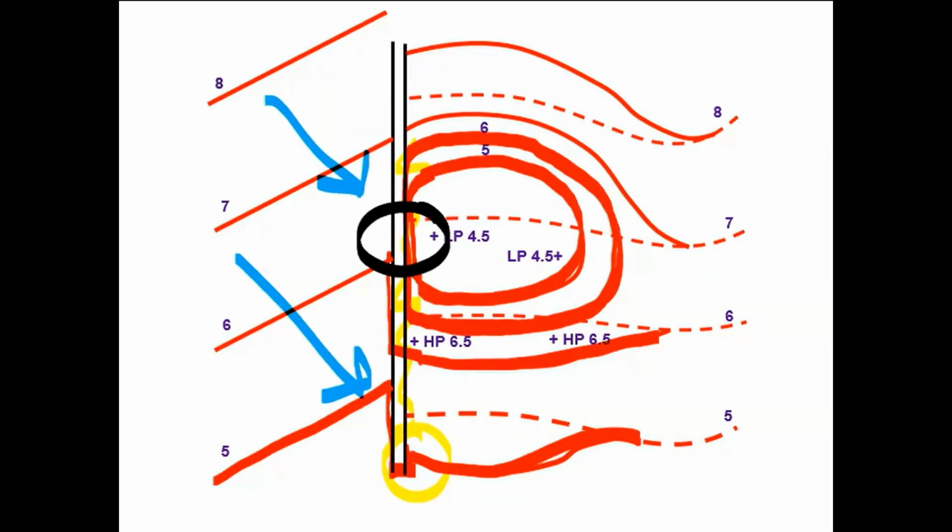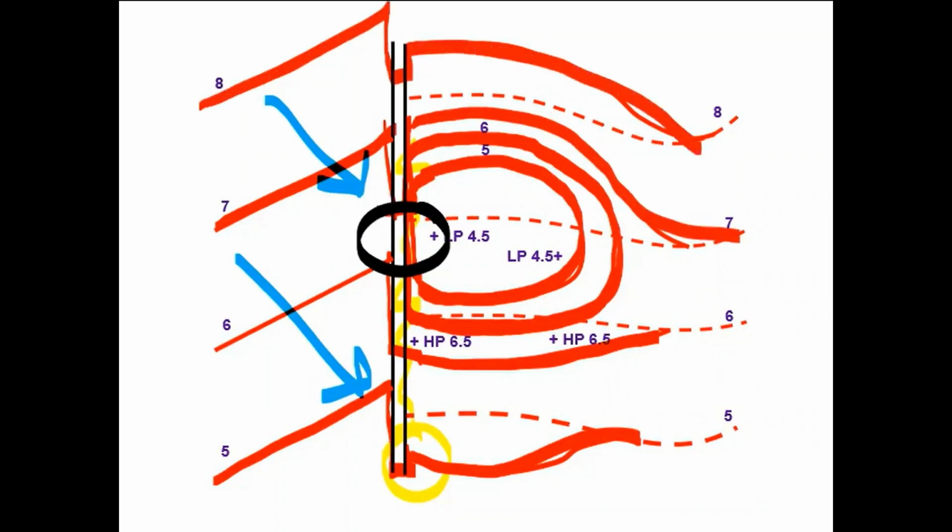Likewise, the 7 might come across, run down, cross over, and it's also going to run up along the backside of the curb and then off. And then the 8 will do the exact same thing. But again, I want to point out to you that on the backside of the curb, you can have contours stacked just as if it was a retaining wall.